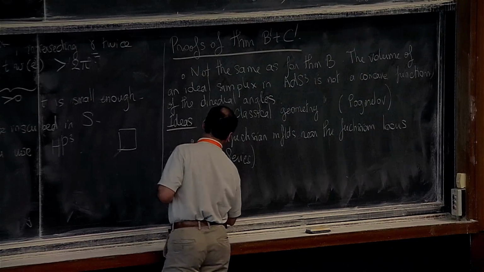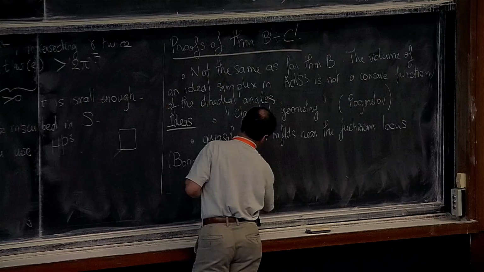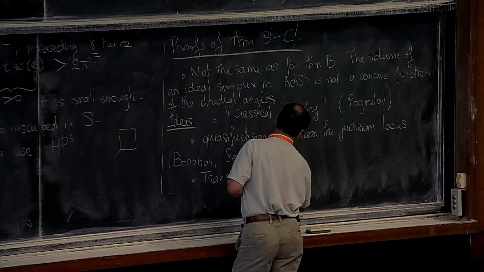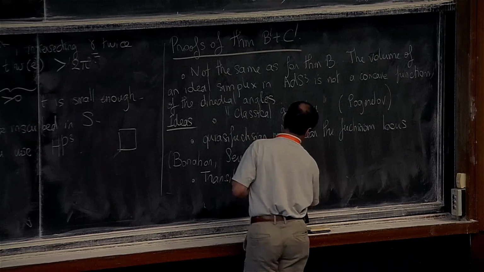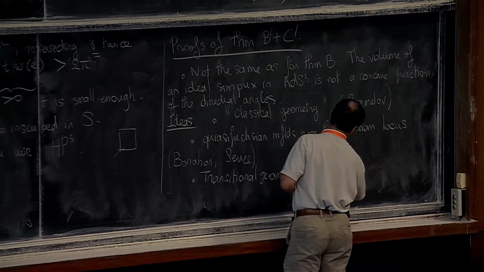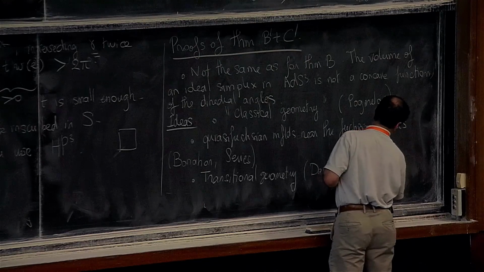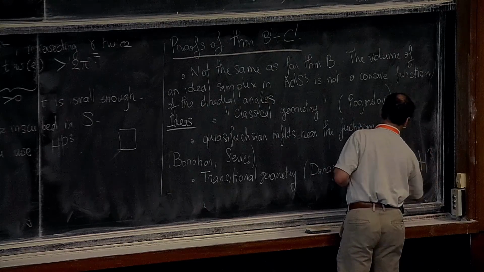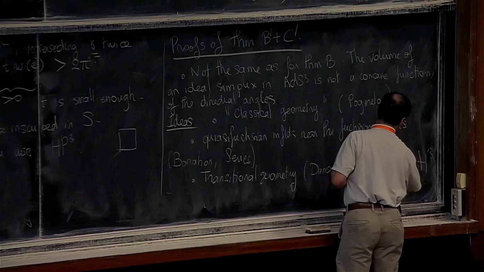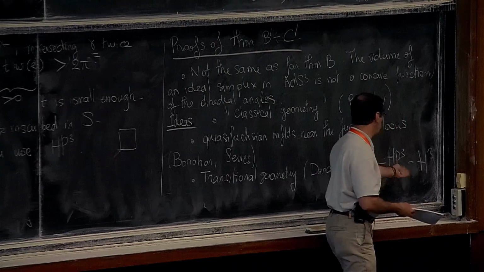And the third input is this notion of transitional geometry, which is something worked out by Jeff Danciger and Steve Kerckhoff. And the idea here is that you have this AdS geometry here, you have hyperbolic geometry here, and basically there is a way to look at half-pipe geometry as some intermediate geometry between AdS and H3.